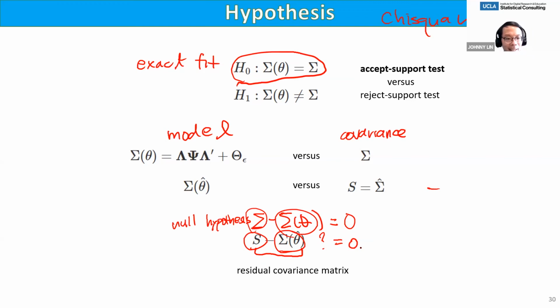If it's truly 0, you should be getting things like 0.01, maybe negative 0.05, values that are close to 0. If you get 5 million, that's not good, right? So you want this to approach 0. That's really the goal: you want to make sure that your model in your sample reproduces the sample covariance matrix as much as possible.